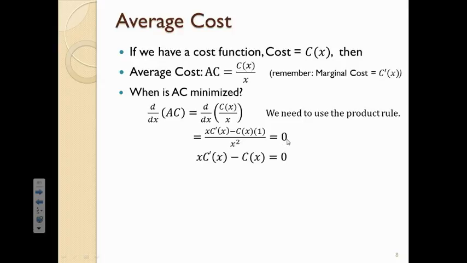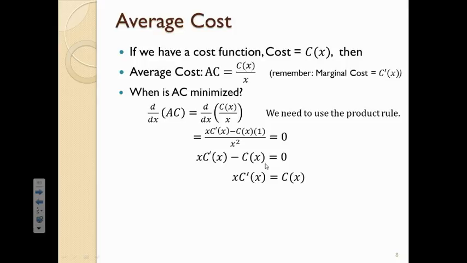So we would end up with x times c prime minus our cost function. Now, if we wanted to make this a little bit nicer, we could add c of x to both sides, and we get x times c prime equals c.